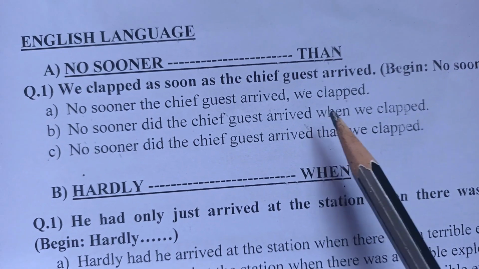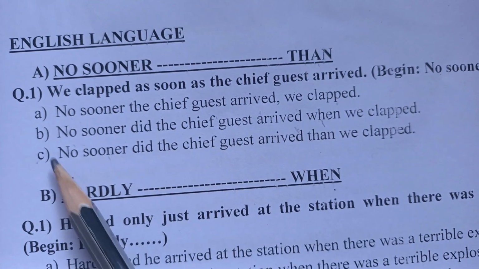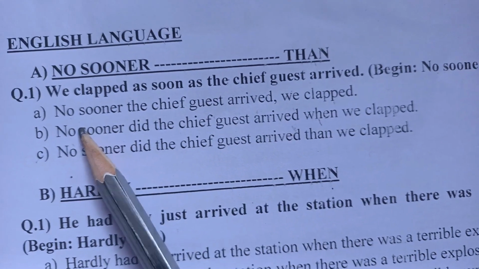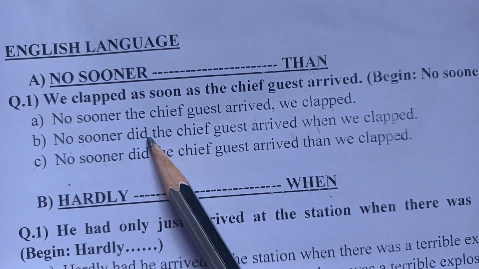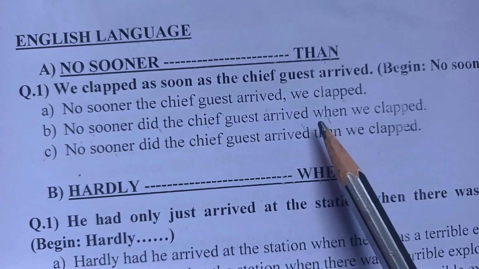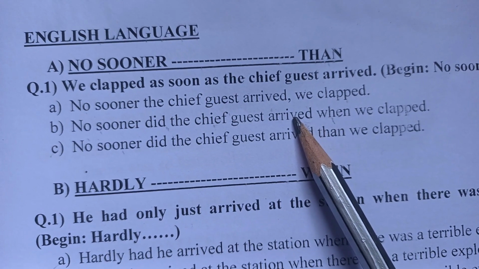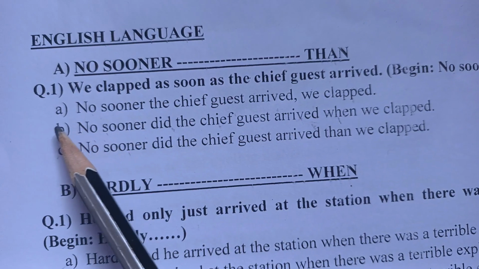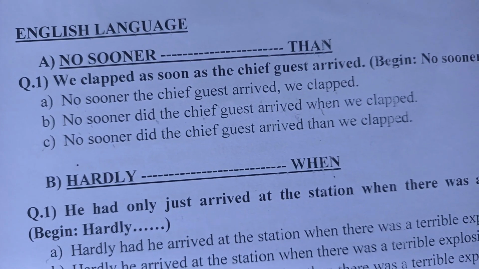So we don't use when whenever the sentence begins with no sooner. As well as in option B, here did has to be followed by the first form of the verb, but it is the second form of the verb, arrived. So option B also is not correct.